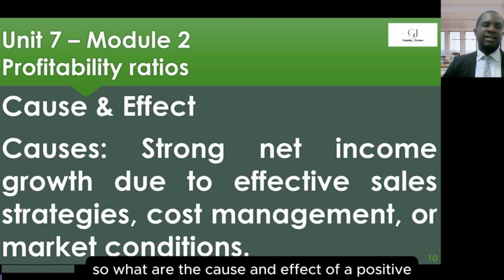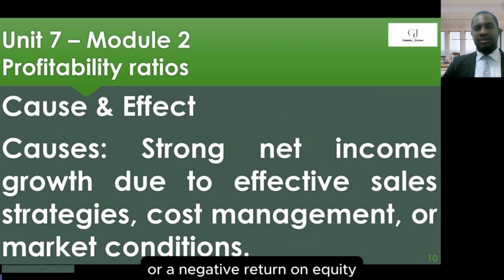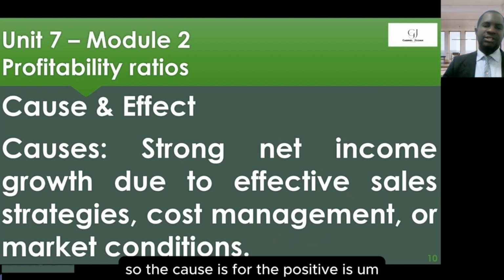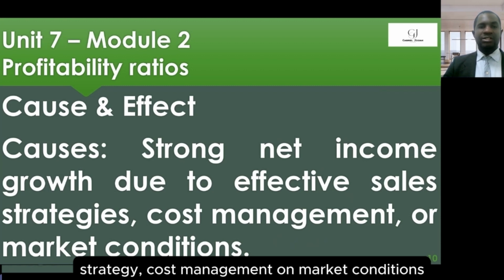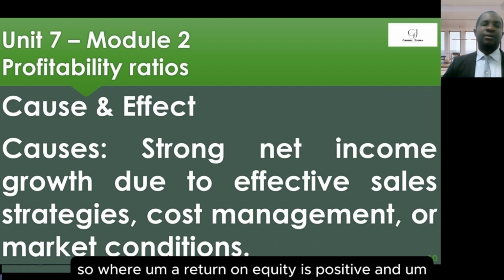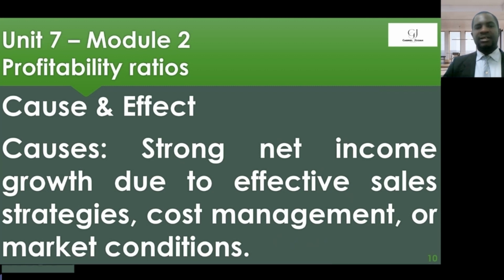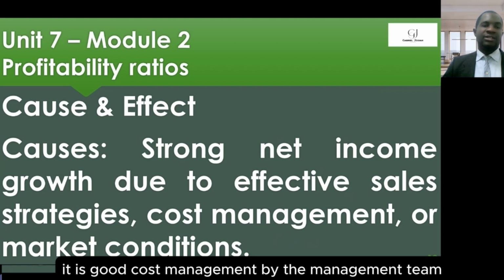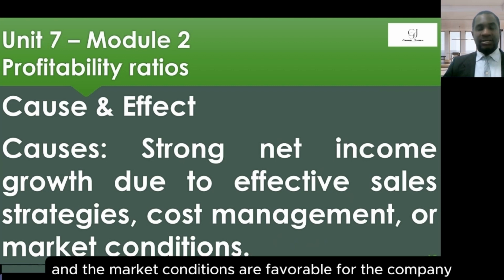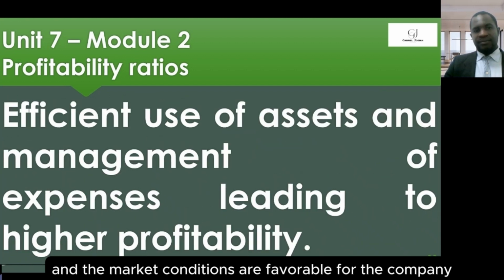So what are the causes and effects of a positive or a negative return on equity? The causes for the positive are strong net income growth due to effective sales strategy, cost management, or market conditions. Where a return on equity is positive and high to some extent, there is potential that sales strategies are effective, there is good cost management by the management team, and the market conditions are favorable for the company.